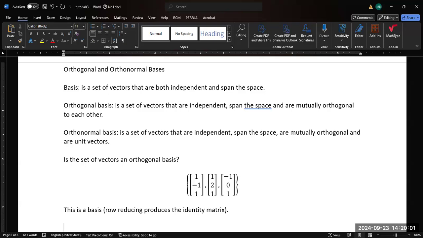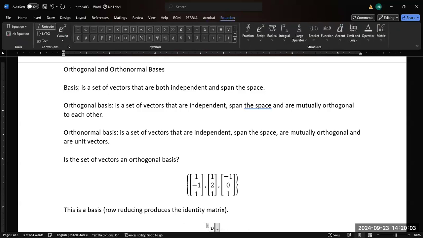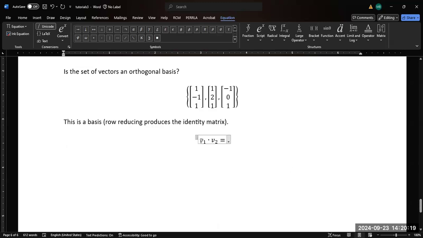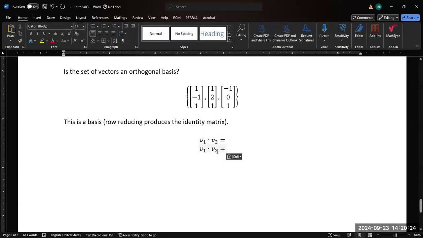Now to test for orthogonality, we're going to have to dot each of our vectors together to see if they are mutually orthogonal. So we're going to need V1 and V2, V1 and V3, and we're also going to need V2 and V3.